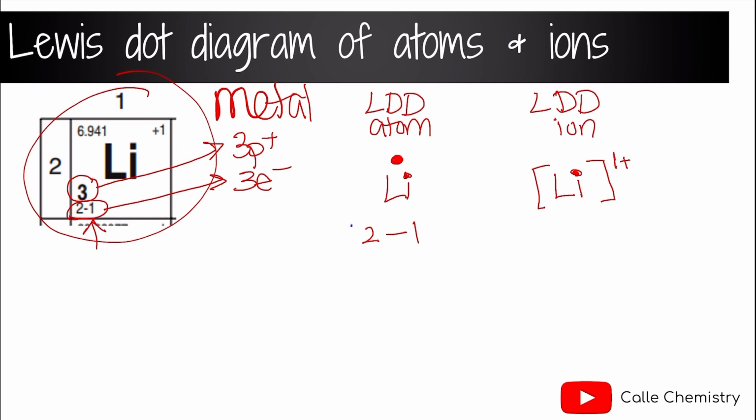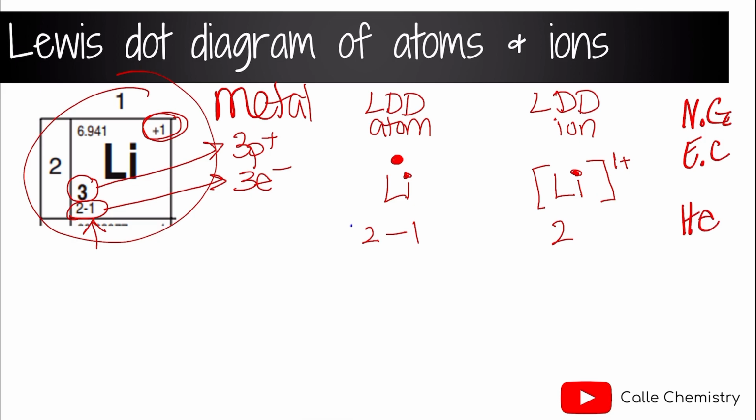That represents its charge, and it also is coming from over here on the top right side of its box on the periodic table. And now its new electron configuration is just going to be 2. Now if you look in group 18, which noble gas has an electron configuration of 2? That is helium. So noble gas electron configuration like helium. Helium has an electron configuration of just 2 as well.